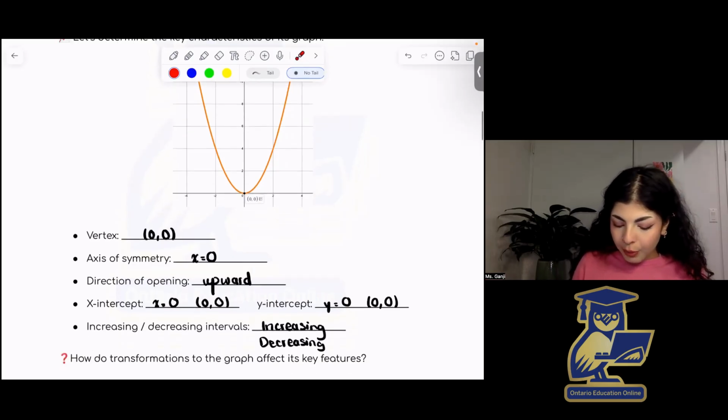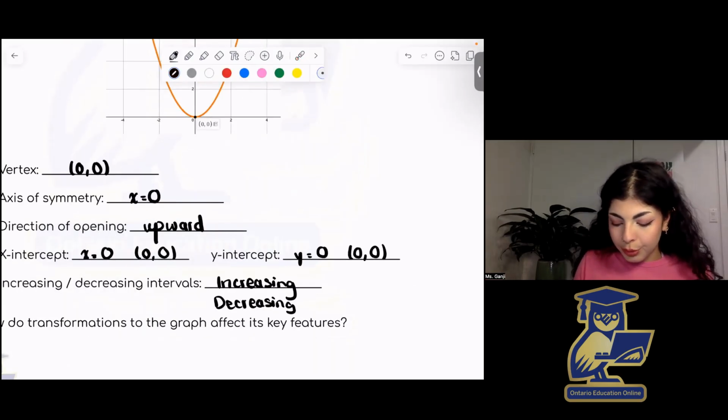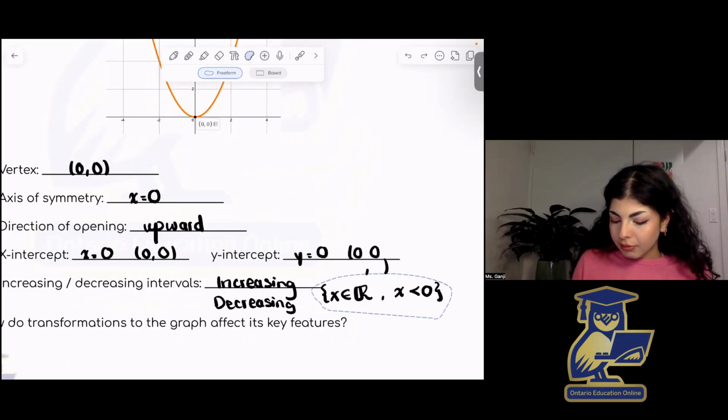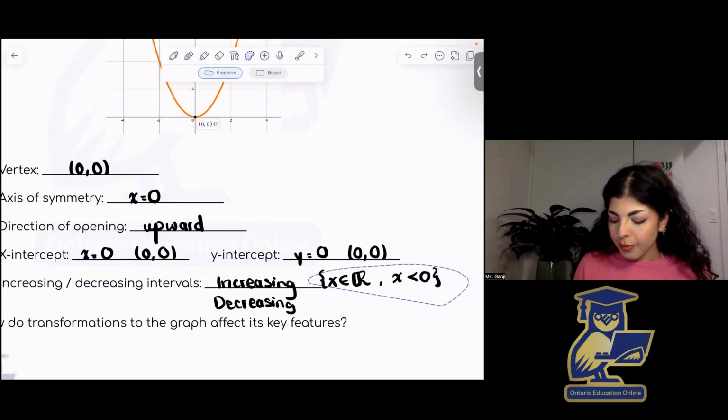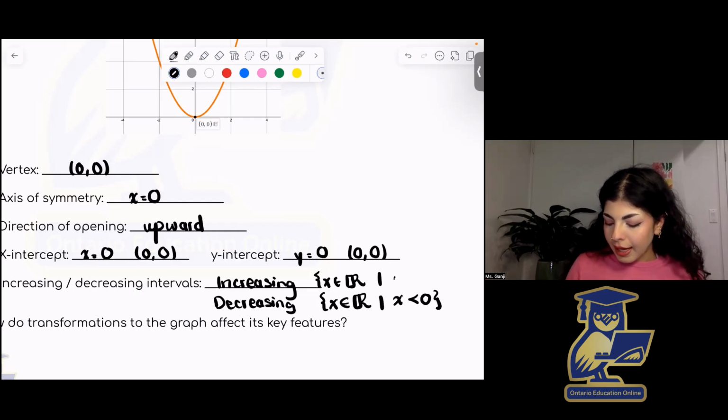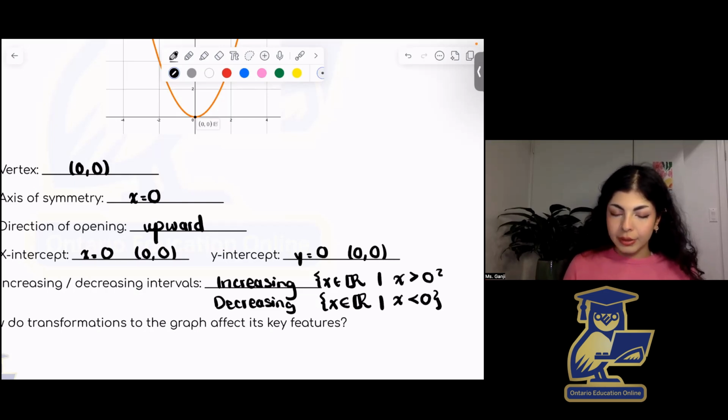So here, when we are writing our intervals, we are using set notation. So here, x is in R, and this is all values of x less than 0. Oh, sorry, that's for decreasing. And for increasing, we have all x real numbers, and x is greater than 0.